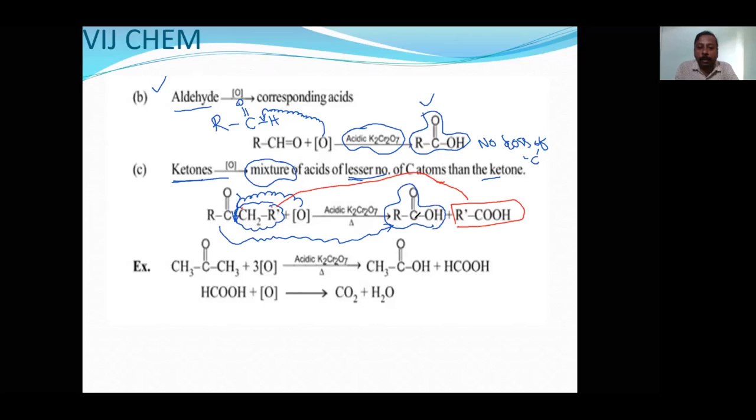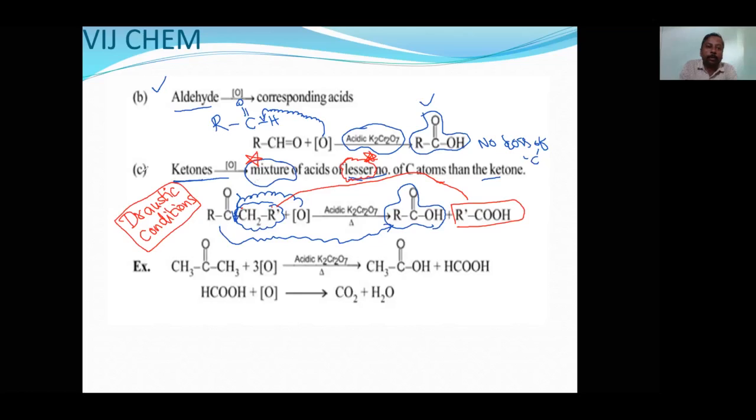Breaking will require high temperature and pressure, drastic conditions. In the exam, what will they use? Drastic conditions. So what are drastic conditions? They are high temperature and pressure. And one more problem is that it will give you a mixture of acids, and one more problem is that there is a lesser number of carbons.